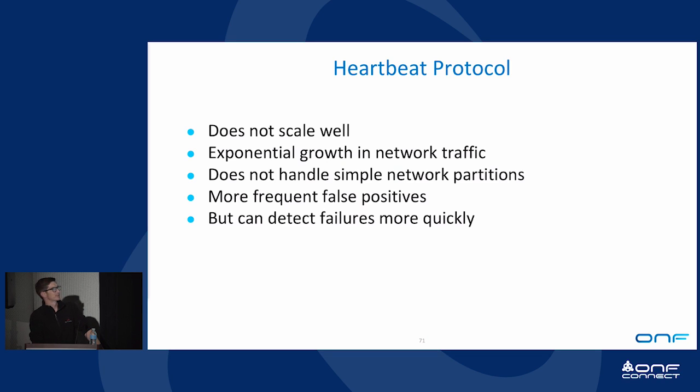So some of the problems are that it doesn't scale well. There's a huge growth in network traffic as the size of the cluster grows, and with service-oriented architectures you have more membership, so the protocol can explode. And it doesn't handle simple network partitions well, which means more frequent false positives, which we have seen quite a bit.